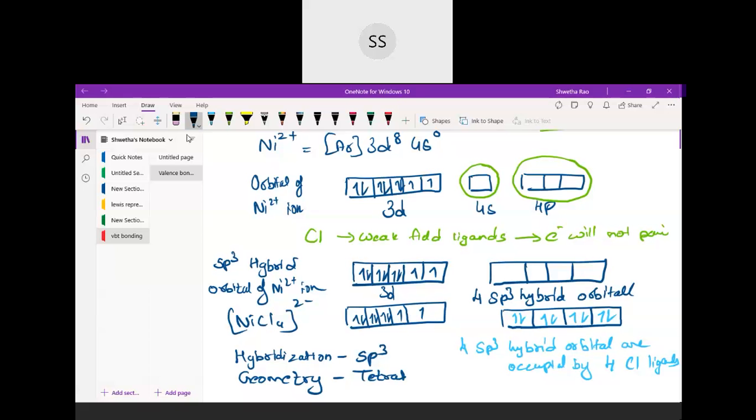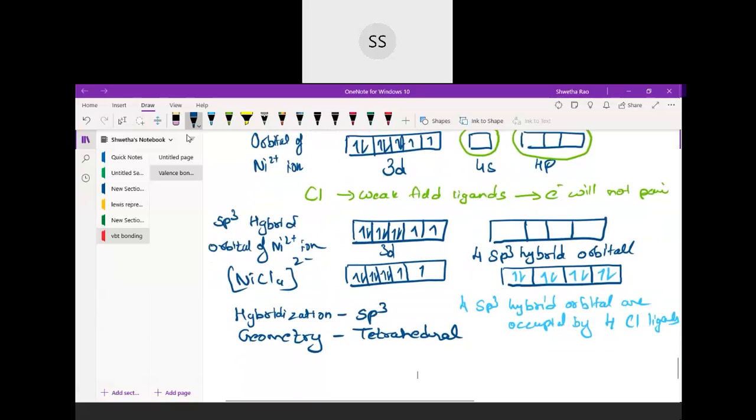Then you write the hybridization part. Hybridization, we can see, is sp3. If sp3 is the hybridization, the geometry is going to be tetrahedral. Then you have to check the magnetic property. You can see there are unpaired electrons present in the metal, 2 unpaired electrons.